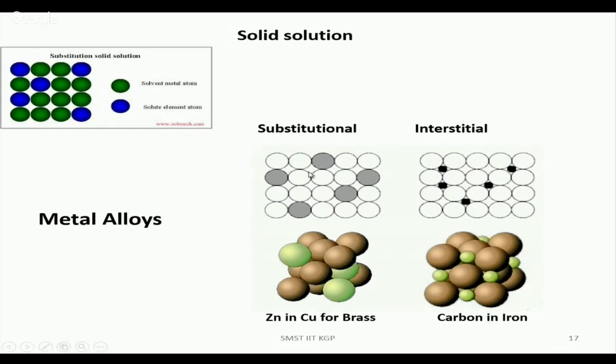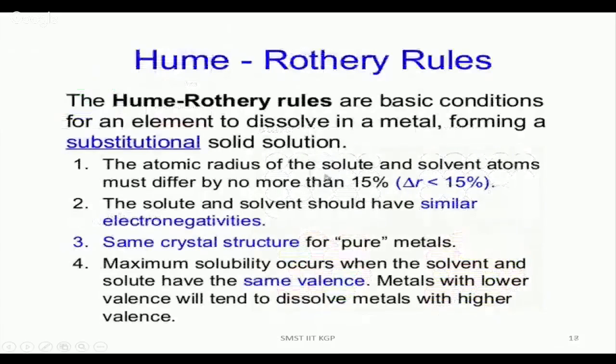So it is favorable, and they can form a substitutional solid solution, if their radius is within 15% difference, and the solute and solvent should have similar electronegativities. Individually, both the alloying elements should have similar crystal structure while they are in the pure form.